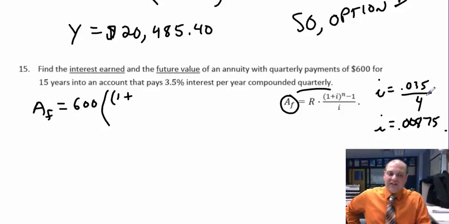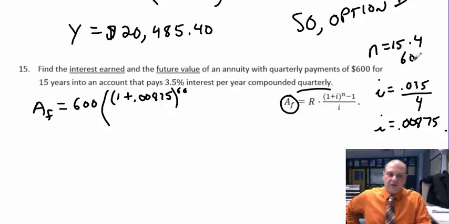So again, I is the percentage divided by the payments per year. Raised to the n, so that's going to be 60, because there's 60 payments. Where did I get 60 from? Well, n is going to be 15 years and then 4 payments per year. 15 times 4 is going to be 60. So n is 60 and I is 0.00875.